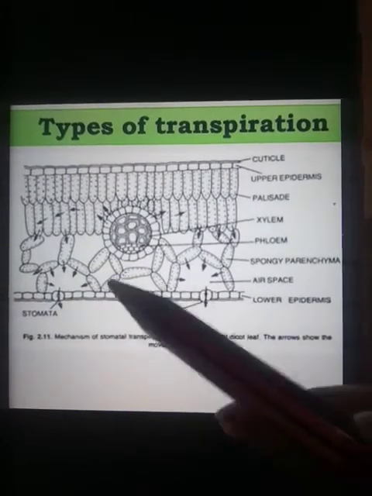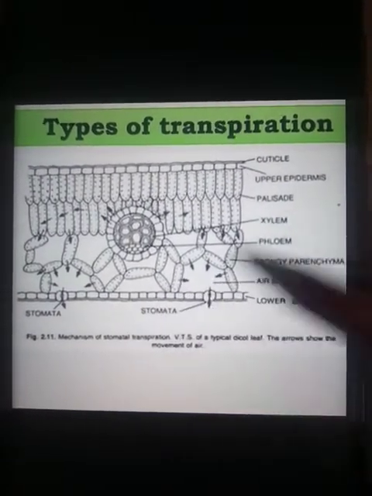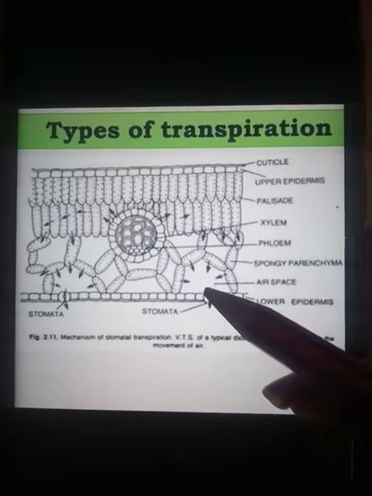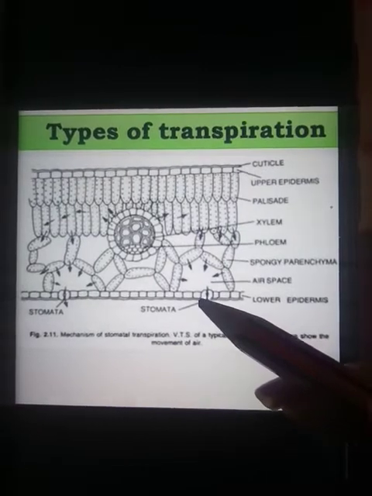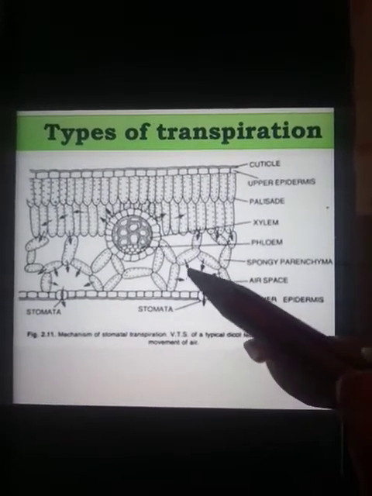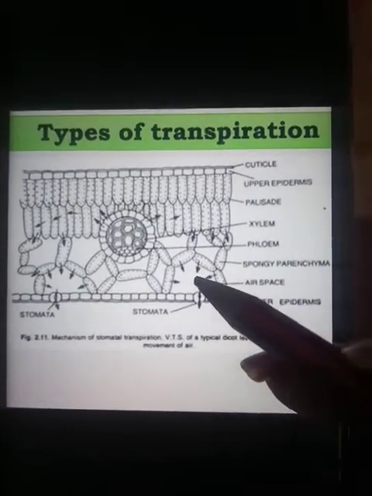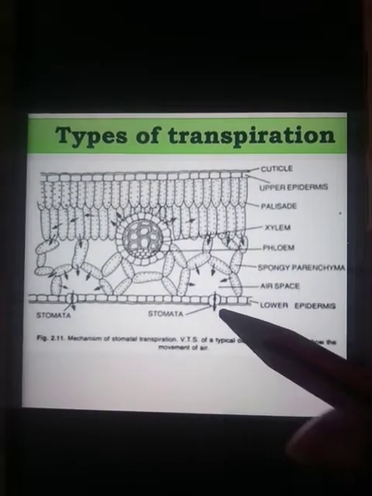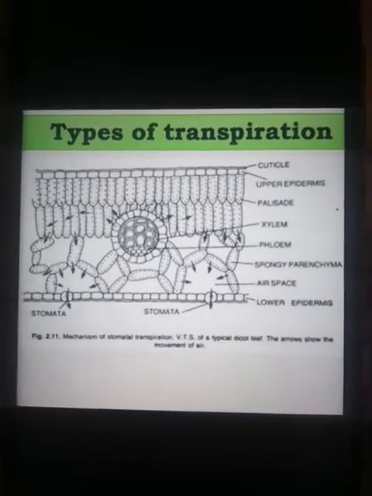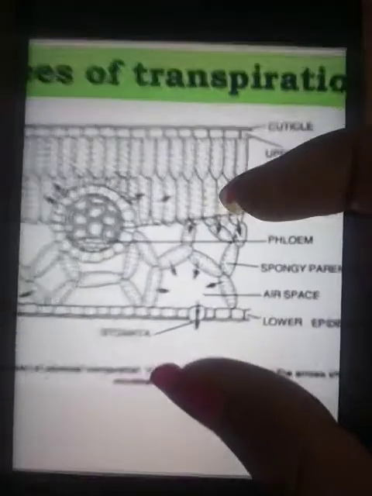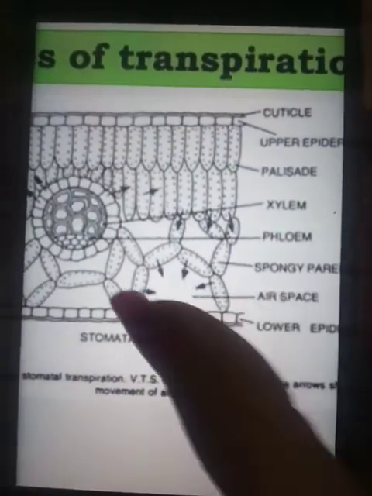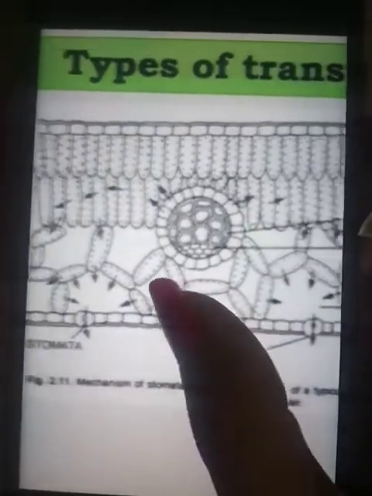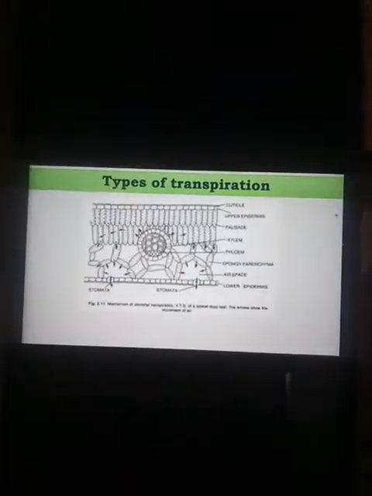They diffuse out the water in this intercellular space, and through the process of diffusion, the stomata open in the daytime, and this water in the form of water vapor comes out through this stomatal pore. So this was basically the mechanism of the stomatal transpiration.